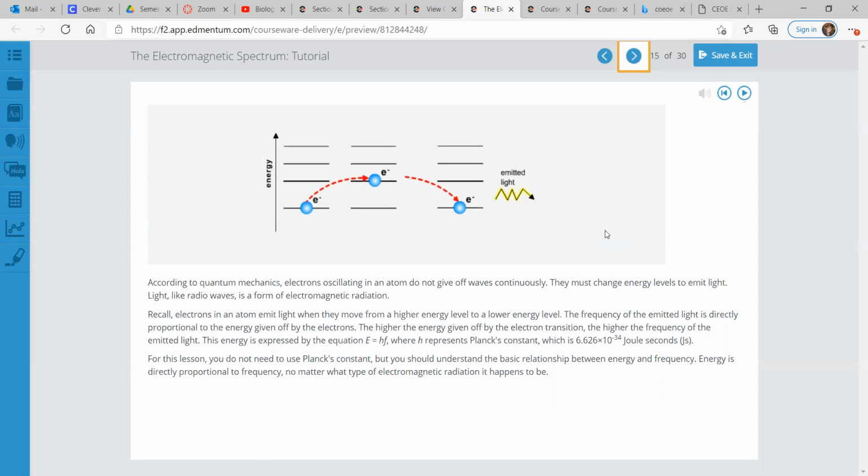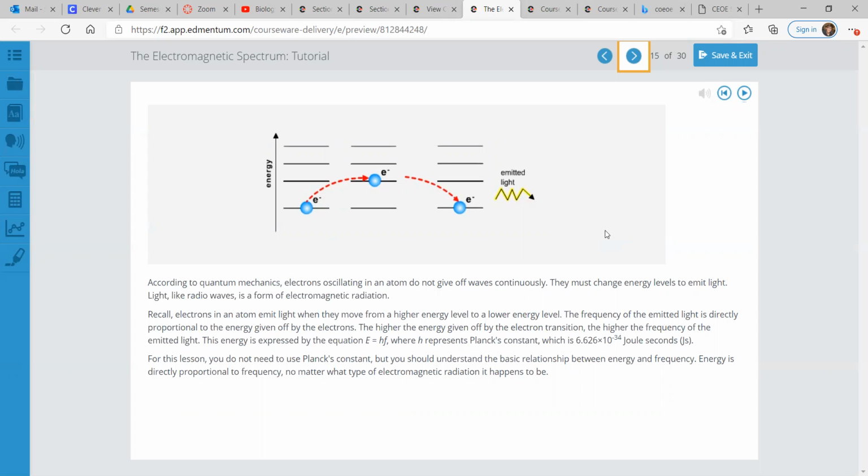This energy is expressed by the equation E equals hf, where h represents Planck's constant. And that is a constant number, which we know is 6.626 times 10 to the negative 34th power joule seconds, which we call JS.